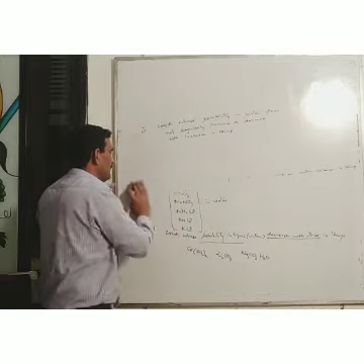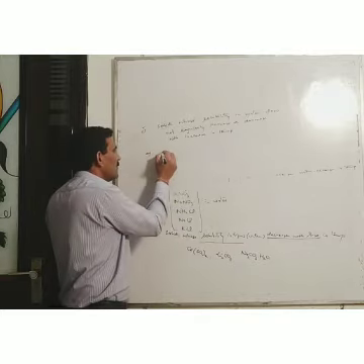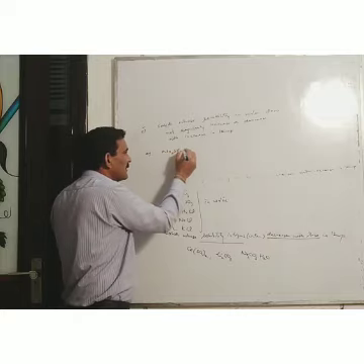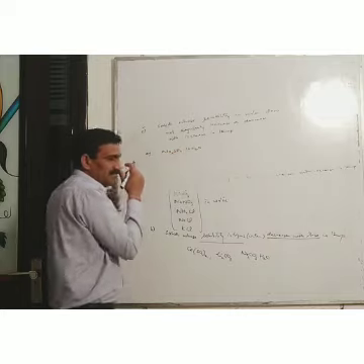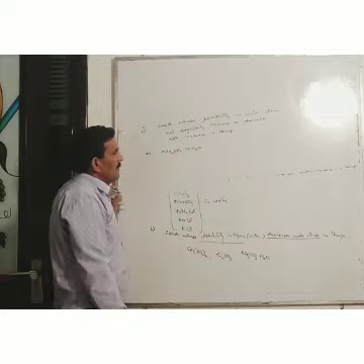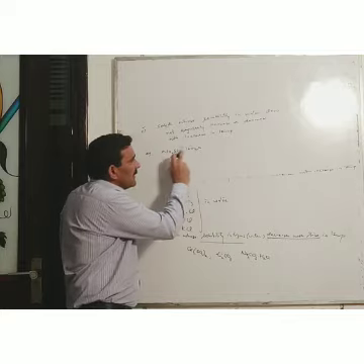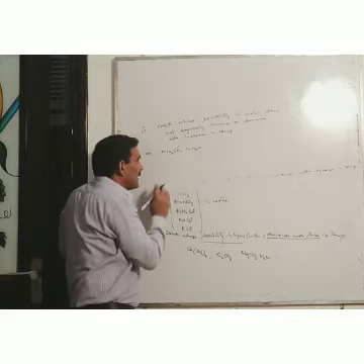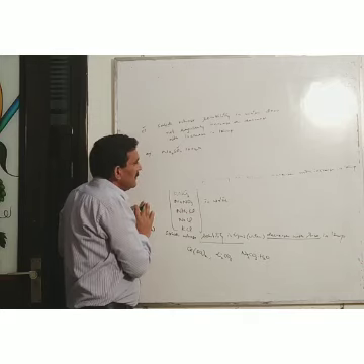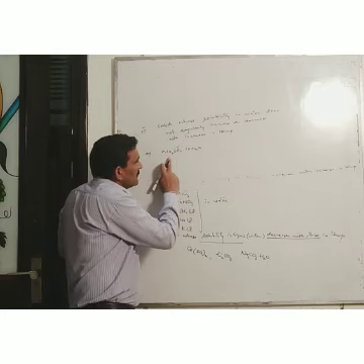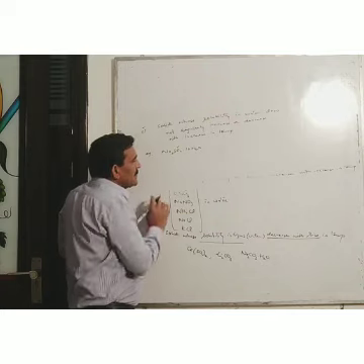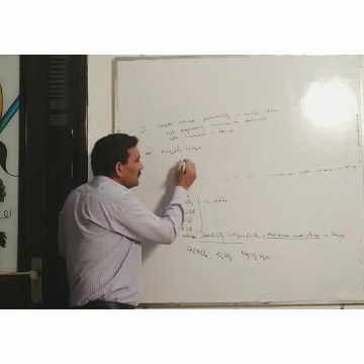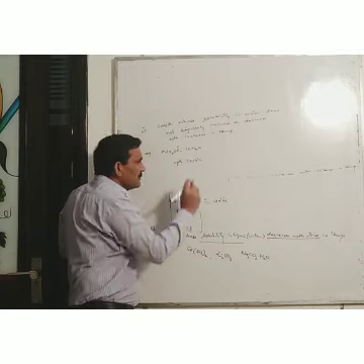For example, sodium sulfate dihydrate. It is a crystalline salt containing water of crystallization. The solubility of sodium sulfate dihydrate in water increases with increase in temperature up to 32.4 degrees Celsius.